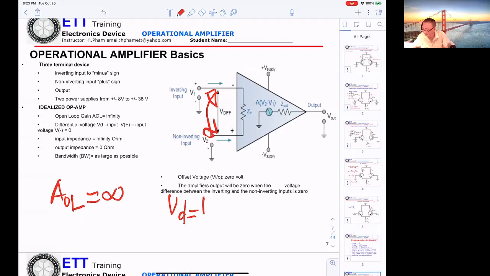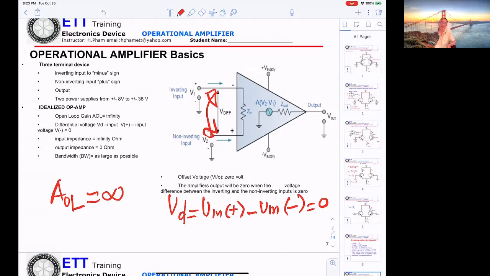Definition, they will be V in at positive minus V in at negative, and they want that to be zero all the time.